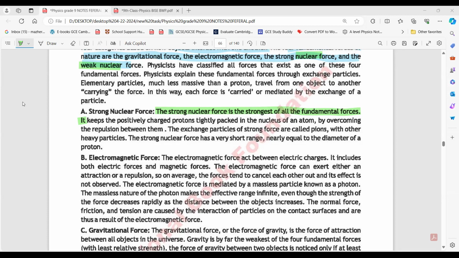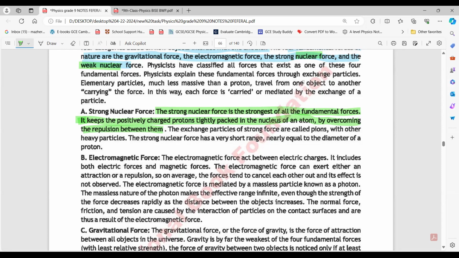Okay. So the strong nuclear force is the strongest force of all. It keeps positively charged protons tightly packed in the nucleus of an atom by overcoming the repulsive forces between them. Protons are positively charged, and if the protons exist in the nucleus, there must be some kind of repulsive force between the protons.